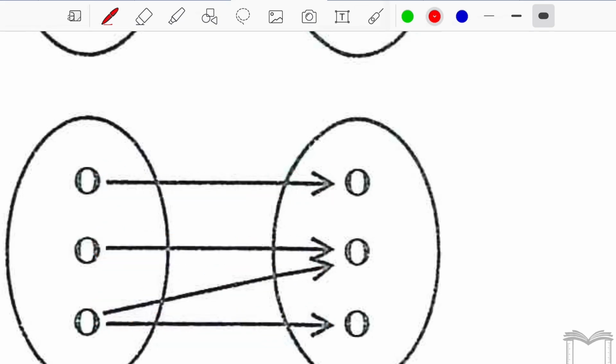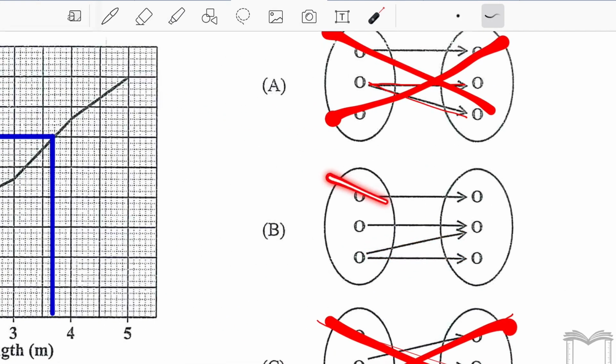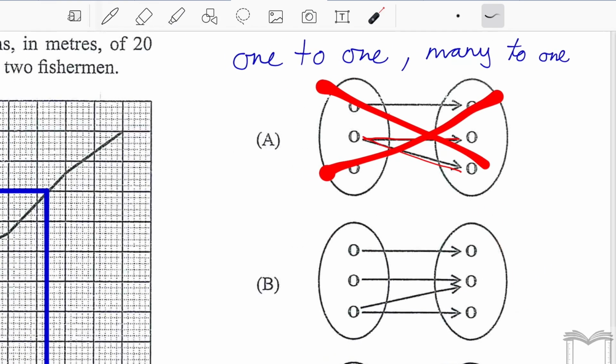So because of this latter part, one to many, we know that this is not a function, because a function is not one to many. It can't be one to many. So by elimination, these are out.